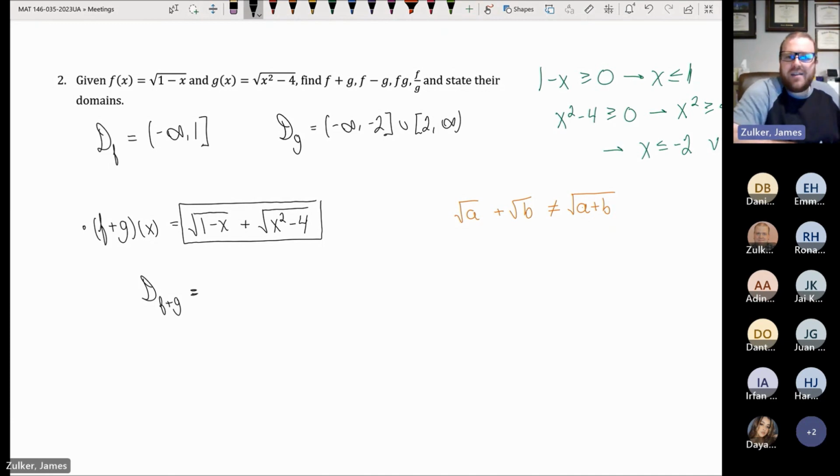Now we take a look at its domain. Right? So remember, the domain is the intersection of the domains. So what do the two domains have in common?